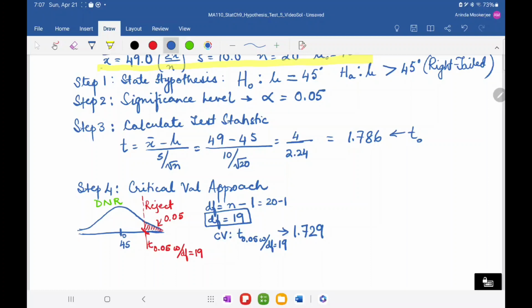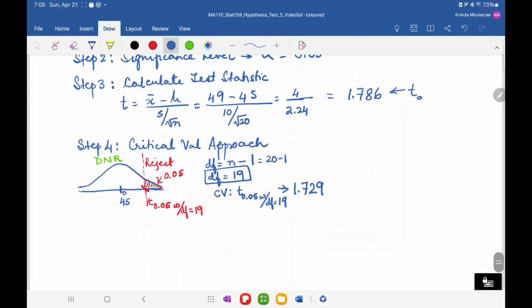But you should get the same value if you're using a graphing calculator with a statistical package. Now that we found our CV, which is 1.729, that's our critical value.